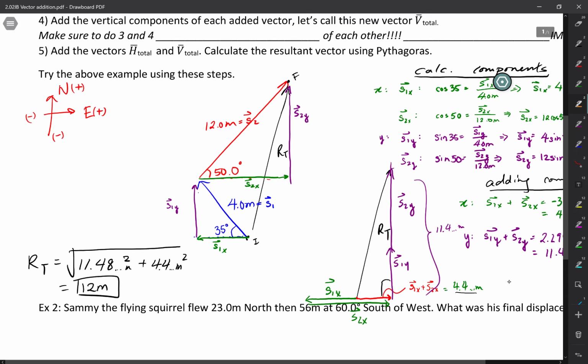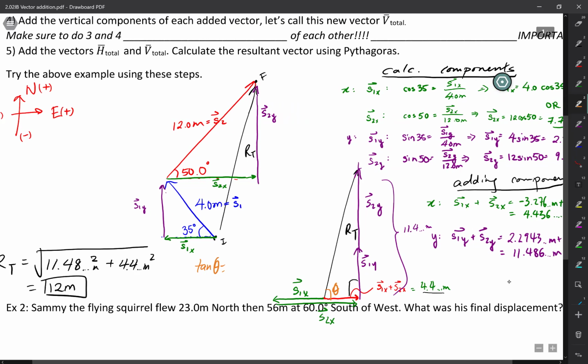For our resultant vector, we also need directions because we have a vector. For the direction, we can find this angle here, so I can say whether it is north of east or south west and so on. To find this angle, I'm going to use tan theta and use the components that I found.